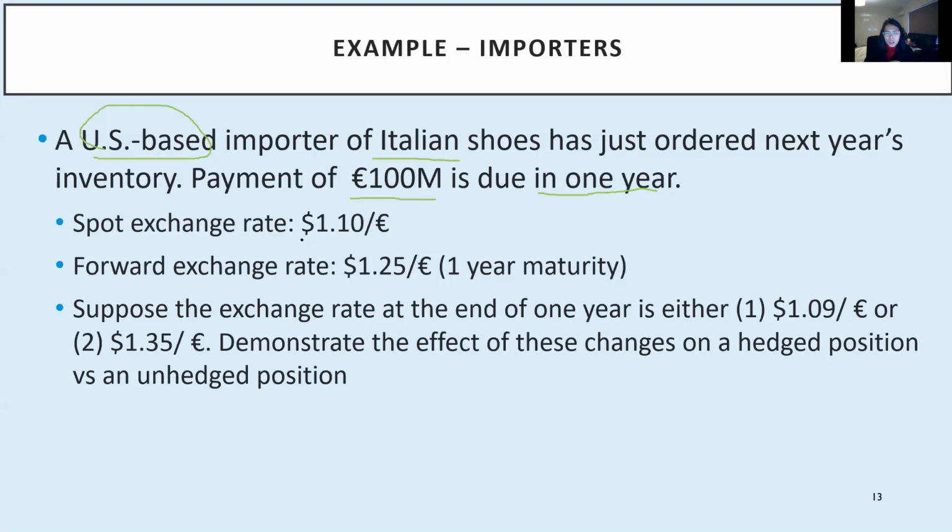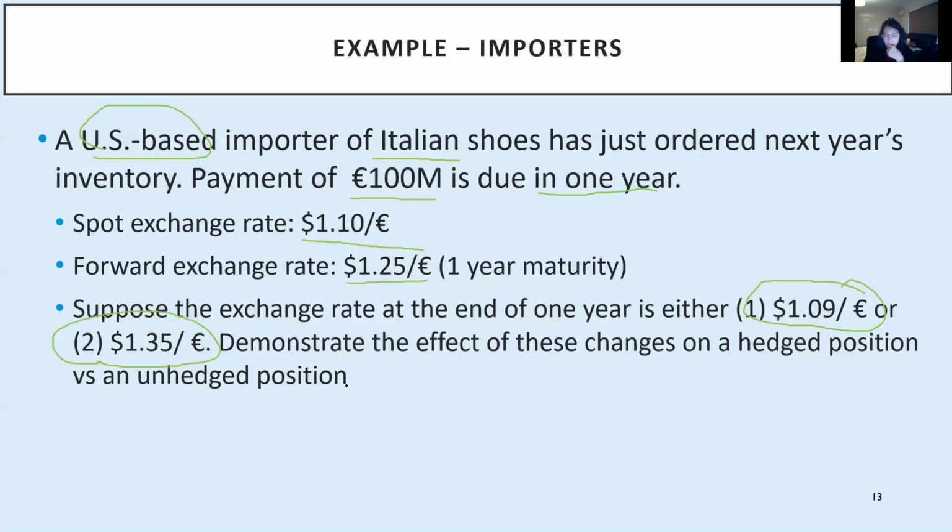So the current spot exchange rate is 1.1. The forward exchange rate is 1.25. In the future, I can have two different scenarios. The first scenario is when the exchange rate is lower than the forward rate. And the second scenario is when the exchange rate is higher than the forward rate.